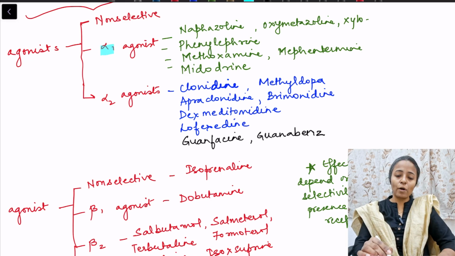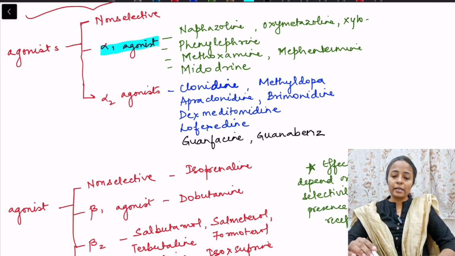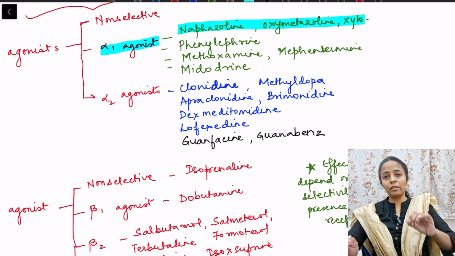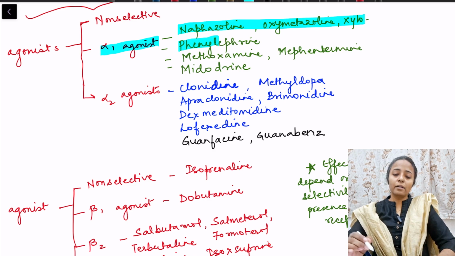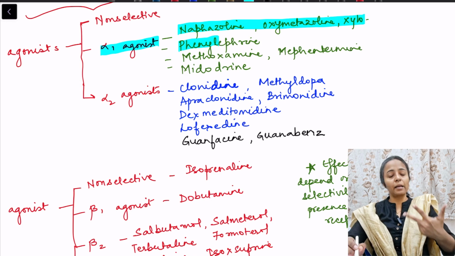In alpha 1 agonists, we have naphazoline, oxymetazoline, xylometazoline, phenylephrine, methoxamine, mephentermine and midodrine. Remember naphazoline, oxymetazoline, xylometazoline are together, their names are similar. Then we have phenylephrine. Then we have three drugs with M: methoxamine, mephentermine and midodrine.